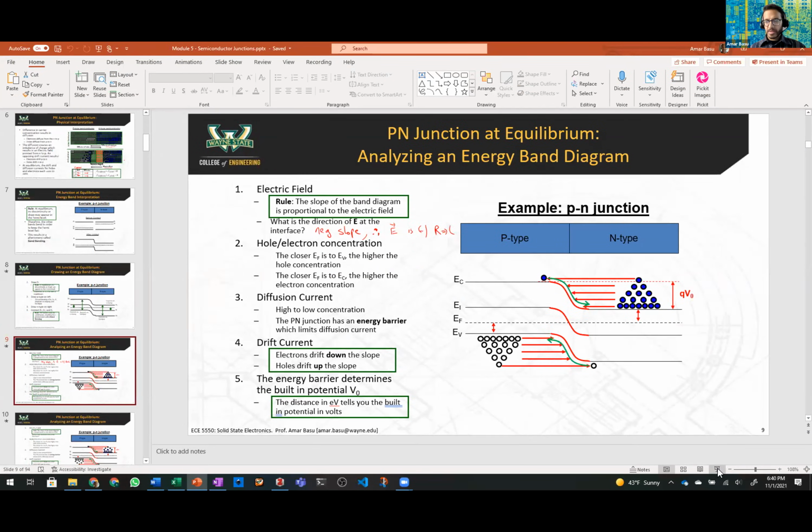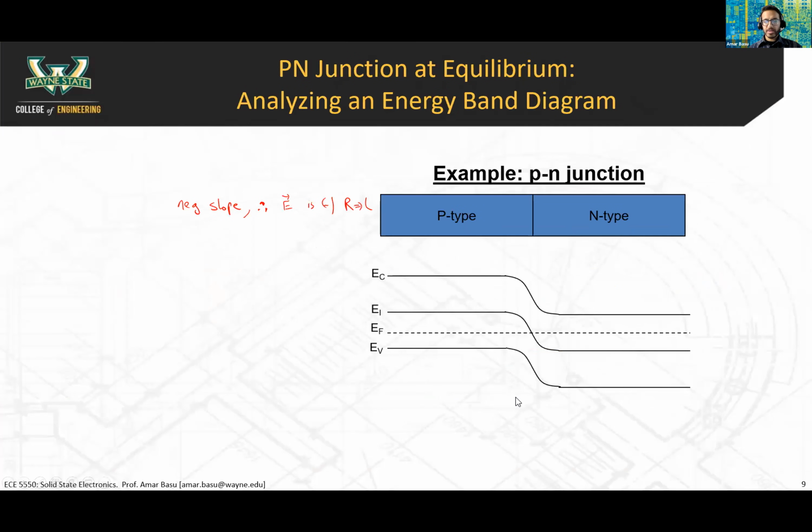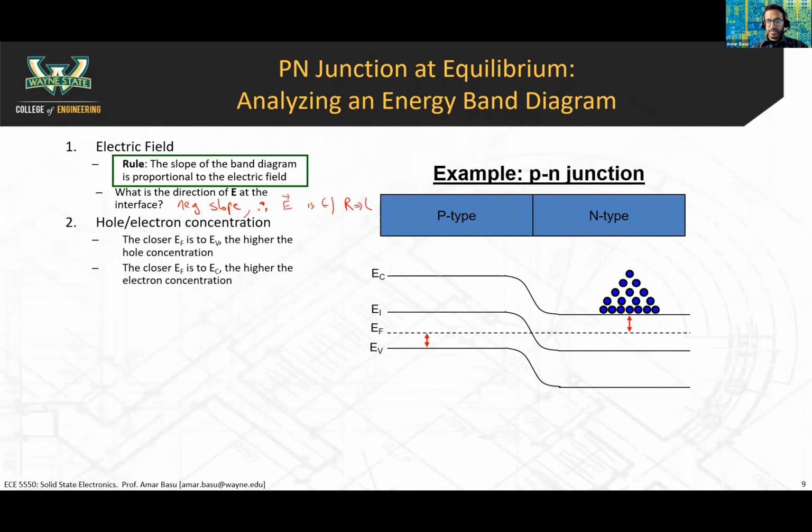That's basically the Fermi-Dirac statistics, right? The farther up you go from the Fermi level, there's less electron concentration. So most of the electrons are right at the edge of the conduction band. Thank you, Ellie. Similarly with the holes, most of the holes are very close to the valence band. The farther we go down, there are fewer and fewer holes. So that's why I've drawn them in this simple triangular format.